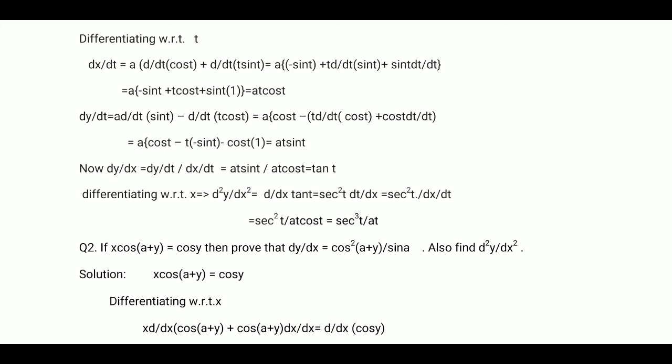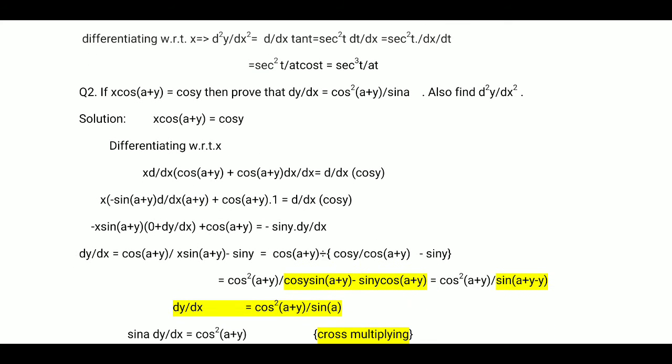But we have the value of dx upon dt, so we write sec square t upon dx upon dt. From above, dx upon dt has the value a t cos t, so it becomes sec square t upon a t cos t, and 1 upon cos t is again sec t, so it becomes sec cube t upon a t. This is the result.